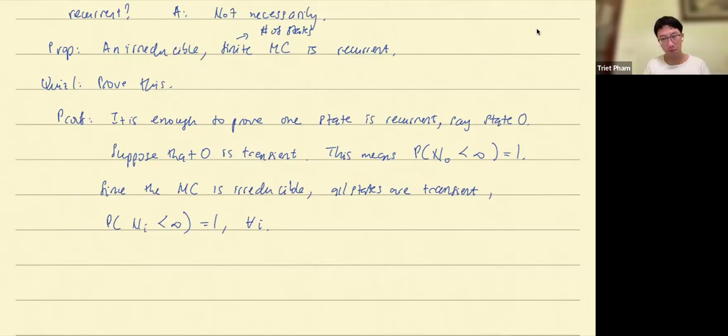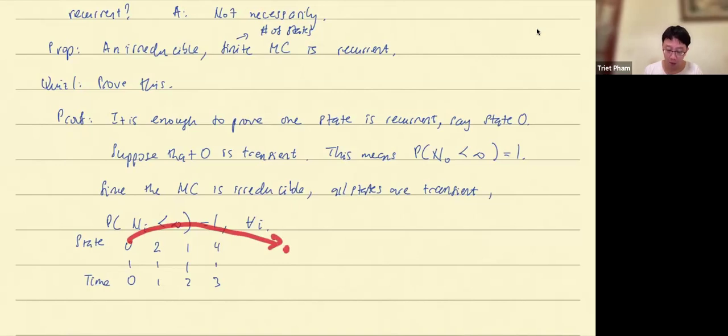But what's the problem with this? If you start from time 0, time 1, time 2, etc., let's say at time 0 you are at state 0, and then from 0 you move to state 2 or whatever, and then you move to state 1 and then state 4, etc. Eventually, you may or may not return to state 0, but from state 2 you will return back to state 2.